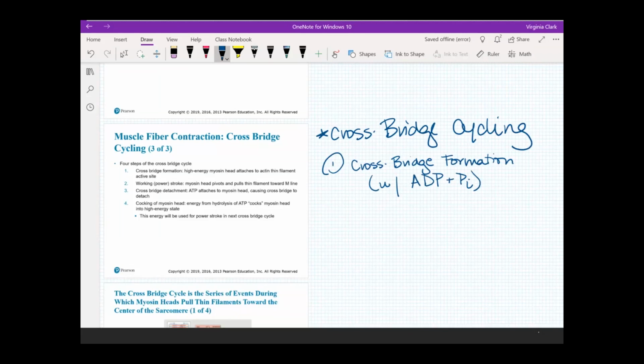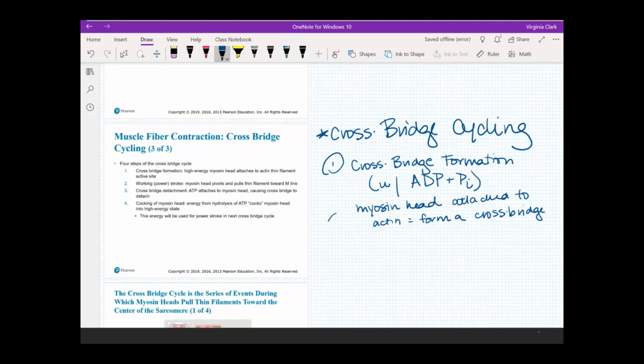So what's happening here is the myosin head is attached to actin. And this is going to form a cross bridge. Cool. Well, we already know that to kind of be true.